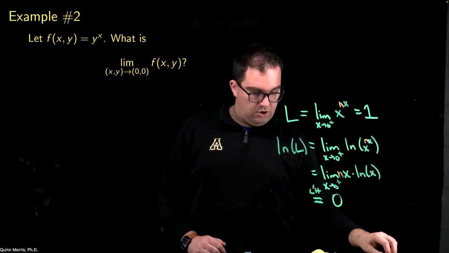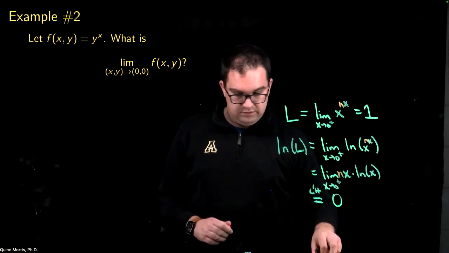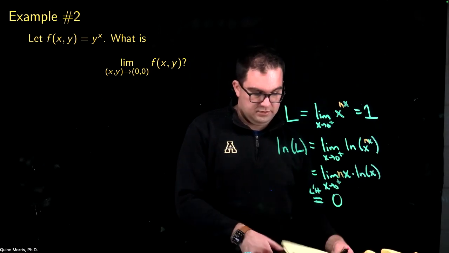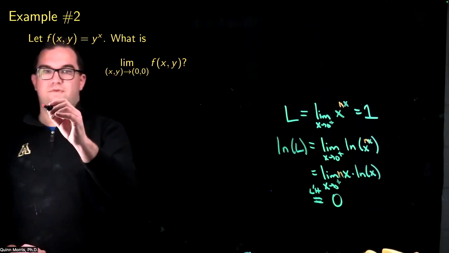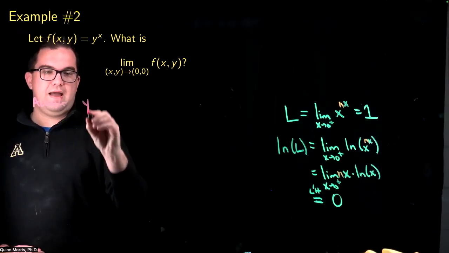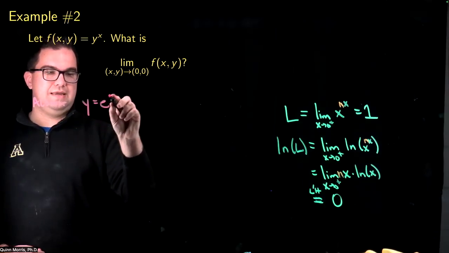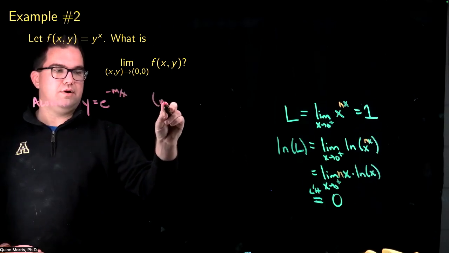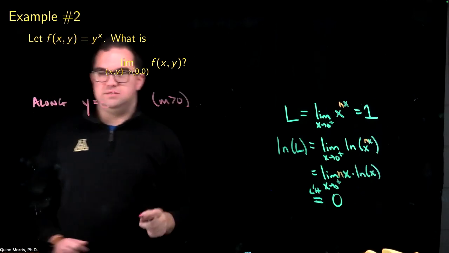So if I look along the path y is equal to e to the minus m over x, where again, I'm going to just assume m is greater than 0.